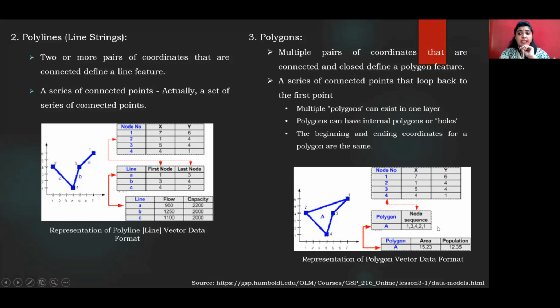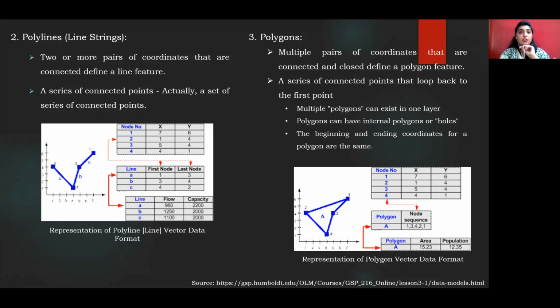So my polygon A has nodes 1, 2, 3 and 4. So 4 nodes, each of which has its own coordinates. So it has multiple pairs of coordinates. Polygons will always have multiple pairs of coordinates.